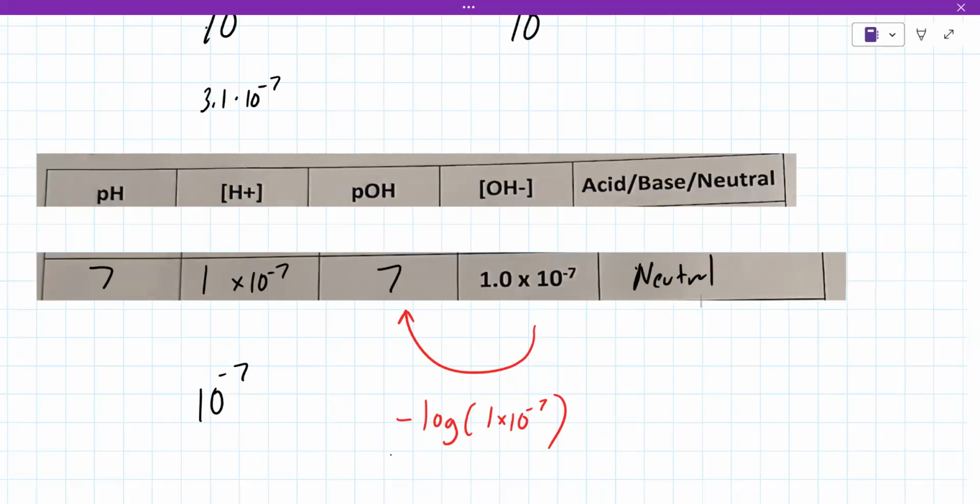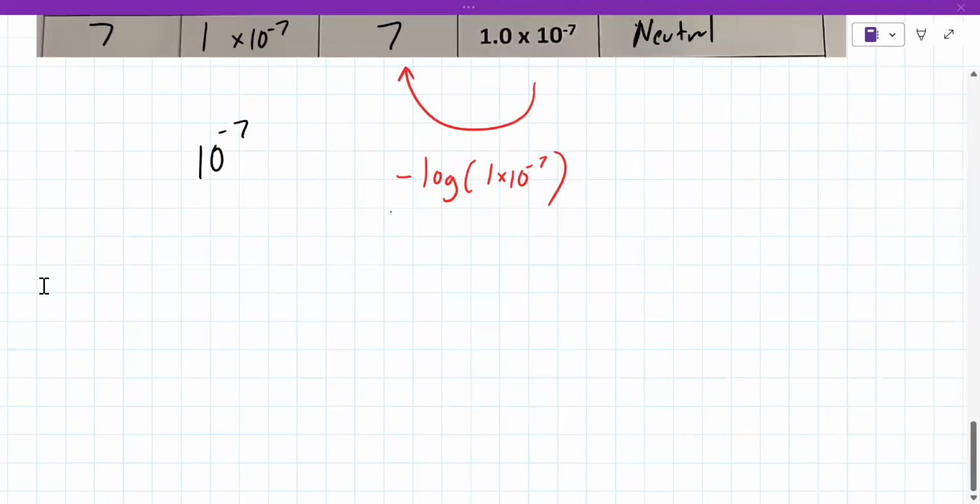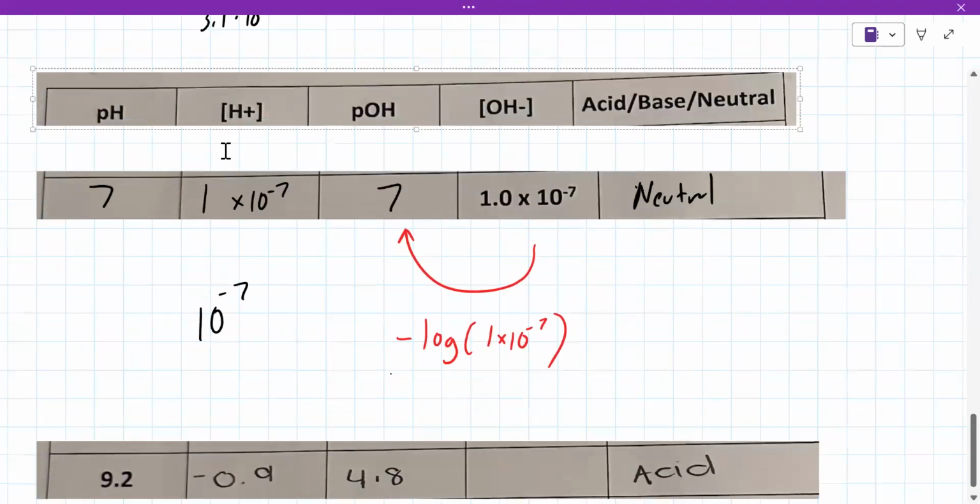All right, let's do a couple more here. Next row, we'll have to change some of the values that are here.